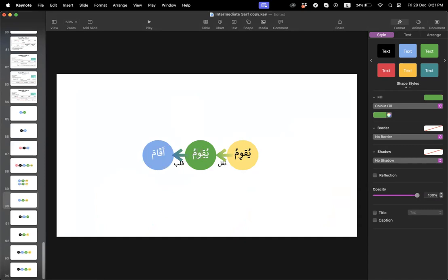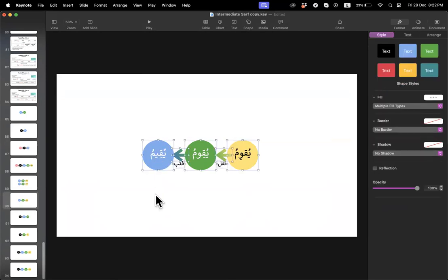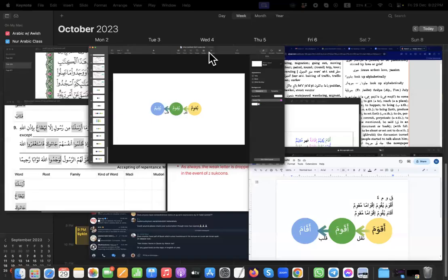Then you get yuqimu. Okay, so because the qaf gets a kasra, the waw changes to what letter? Kasra friend with what letter? Alif, waw, or ya? Yes, exactly. Okay, so you get yuqimu. This is the mudhari. Okay, this is what happened to mudhari.